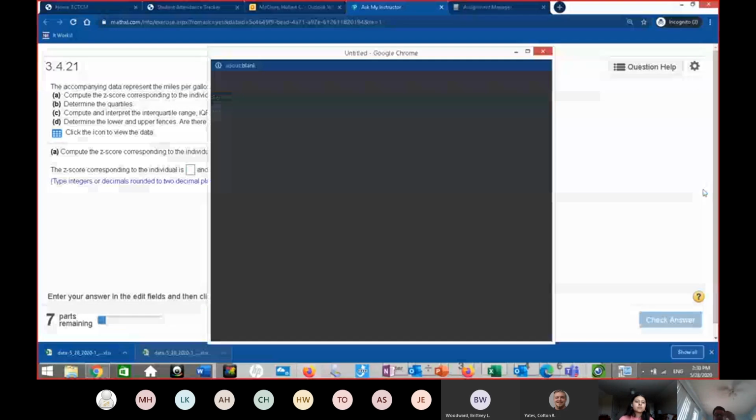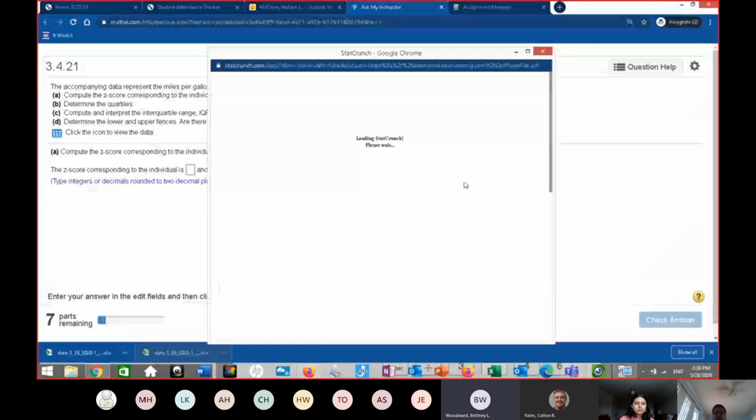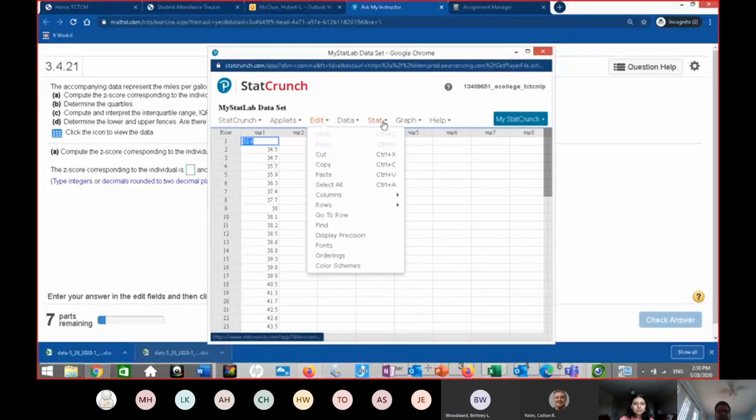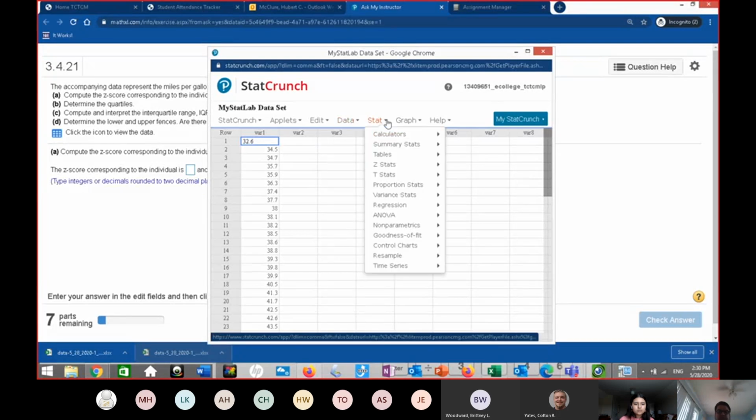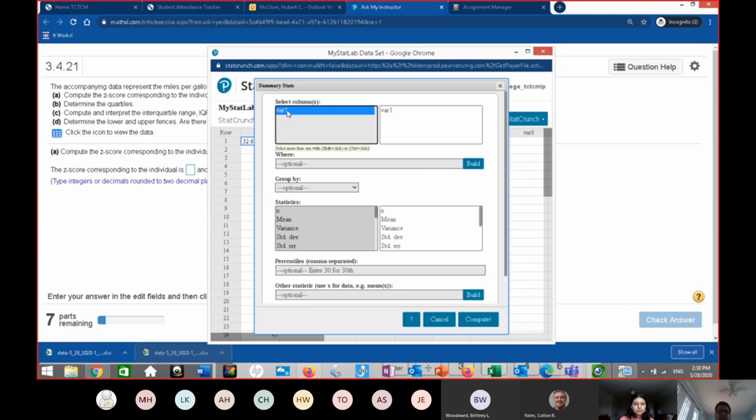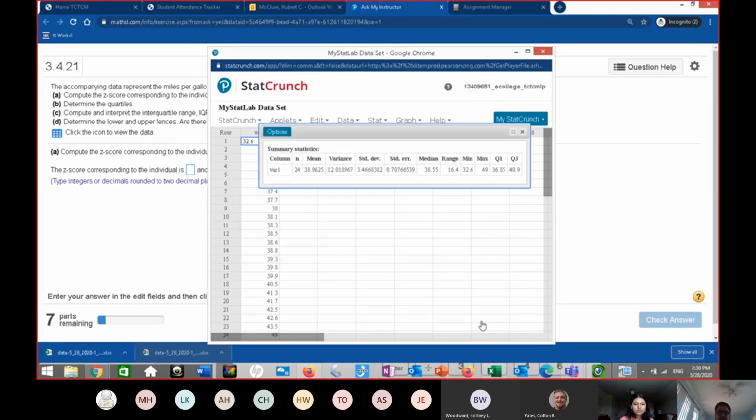The reason I'm using StatCrunch is because it'll give me the values a whole lot quicker than doing it in Excel, and I'm running out of time. Stat, summary statistics, column, variable, compute.